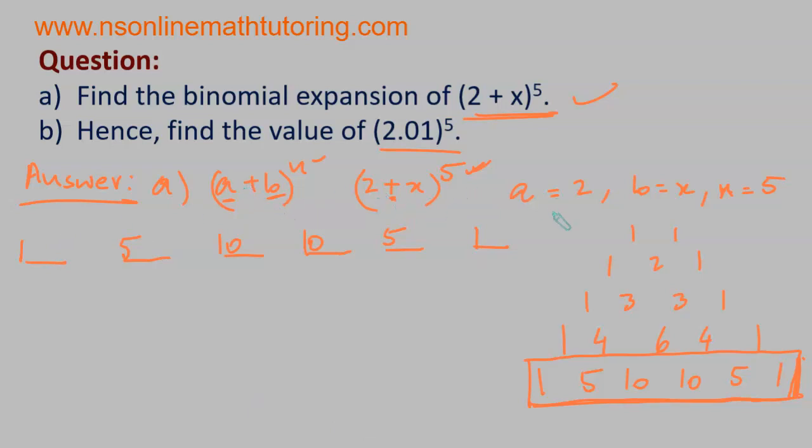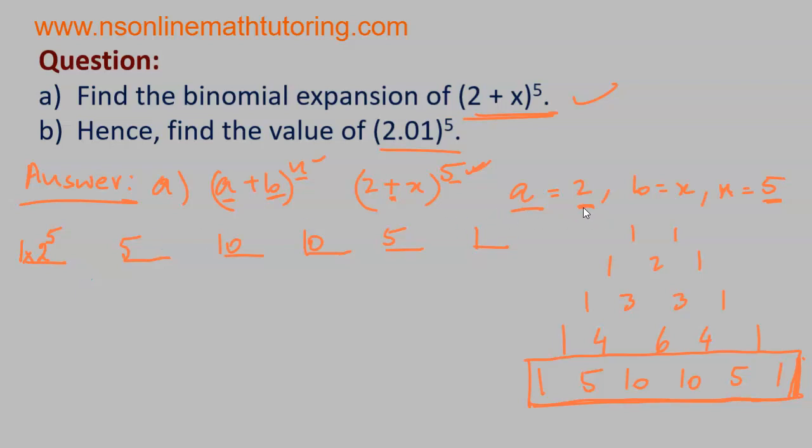Next, it will have a starting power equal to the value of n. So a should get raised to the power of 5 in the first term, and all the factors are getting multiplied. n is equal to 5, so it should be a to the power of 5.